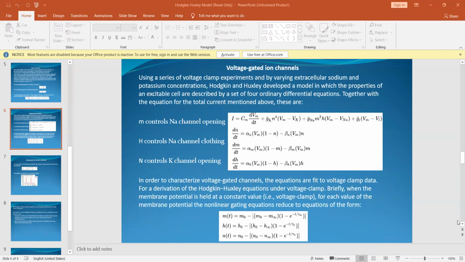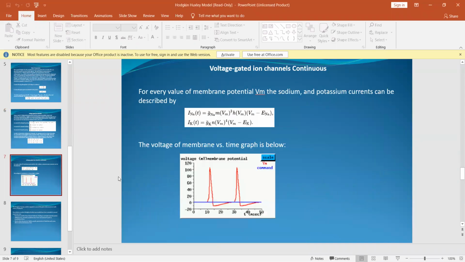Okay, thanks. So the next page. And this is the voltage gated ion channels also.